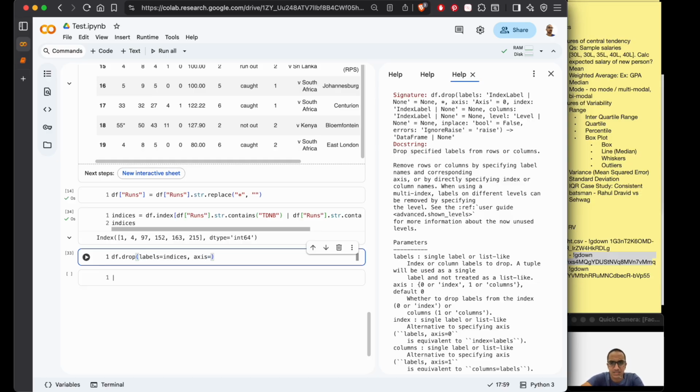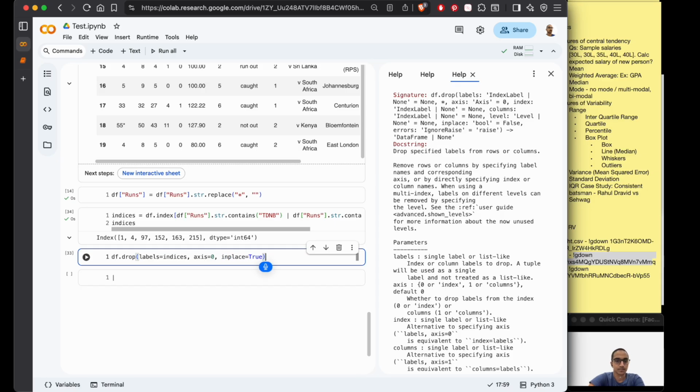I think the axis is default 0, but we'll put it anyway. Axis is 0, and you know, one is for the columns and 0 is for the index. So you see here, that's the documentation, and we will do inplace because we want to modify the existing dataset. So we'll set inplace equal to True.